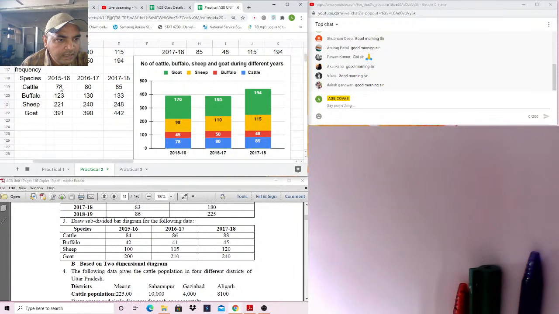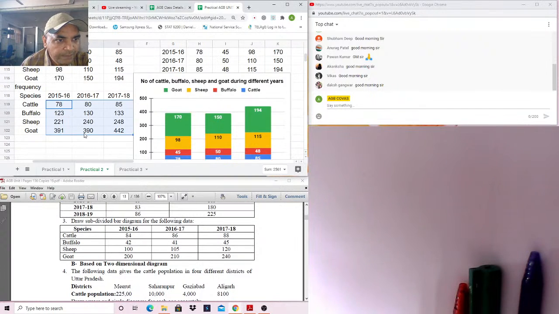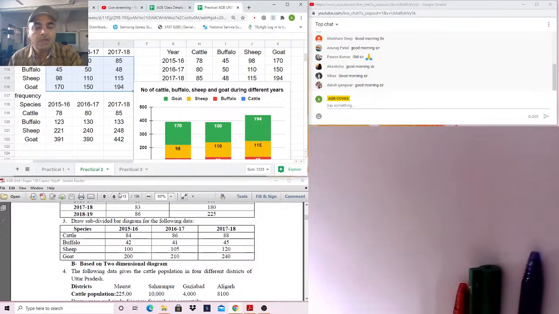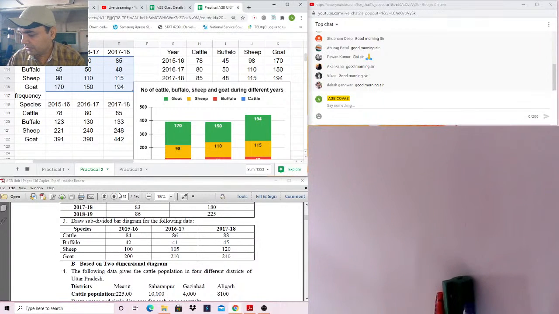So what I did is I just changed these numbers. In case of subdivided bar diagram, you can see from here that I have changed the figures. So when you are doing it in your practical notebook, you have to do it from the figures which are given in your practical manual. Okay. So now let us take up this subdivided bar diagram today.